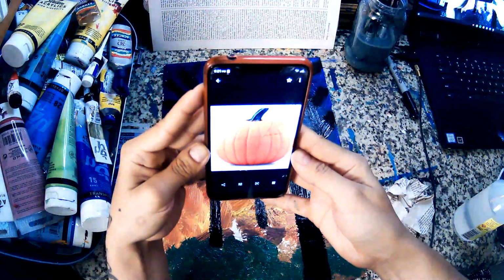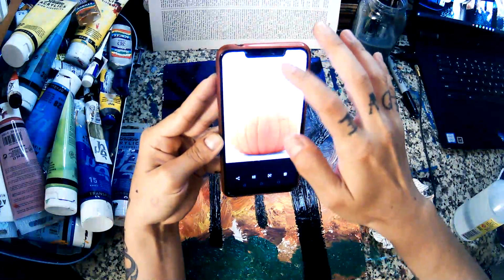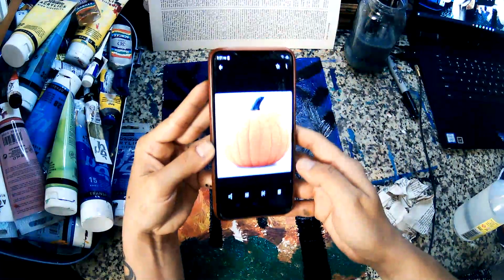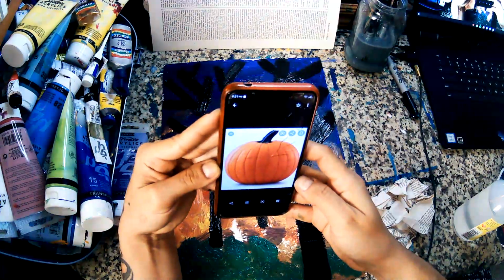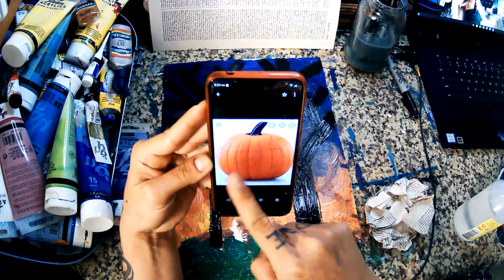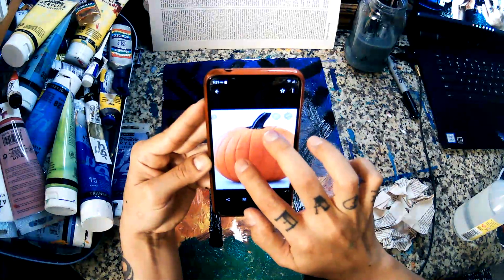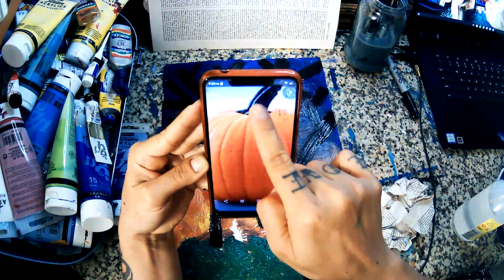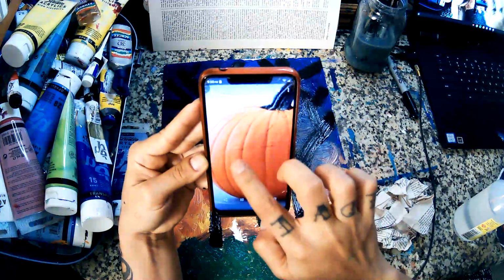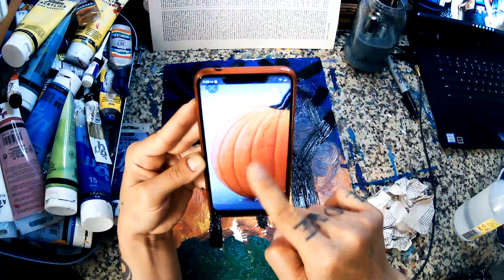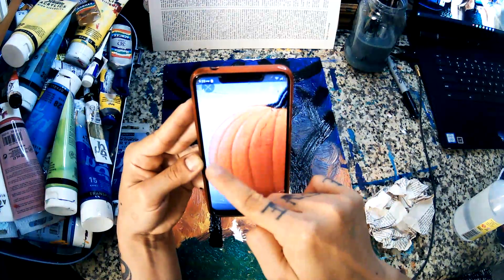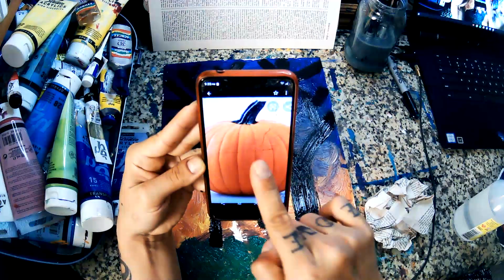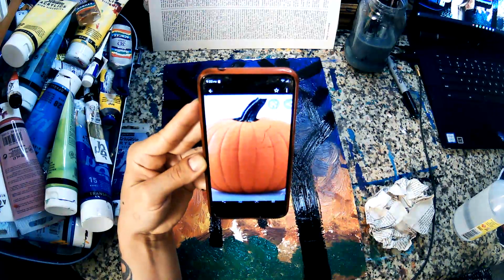So here it is. This is a pumpkin. Look at that pumpkin. It has a stem. It has little curved lines, and it is orange.